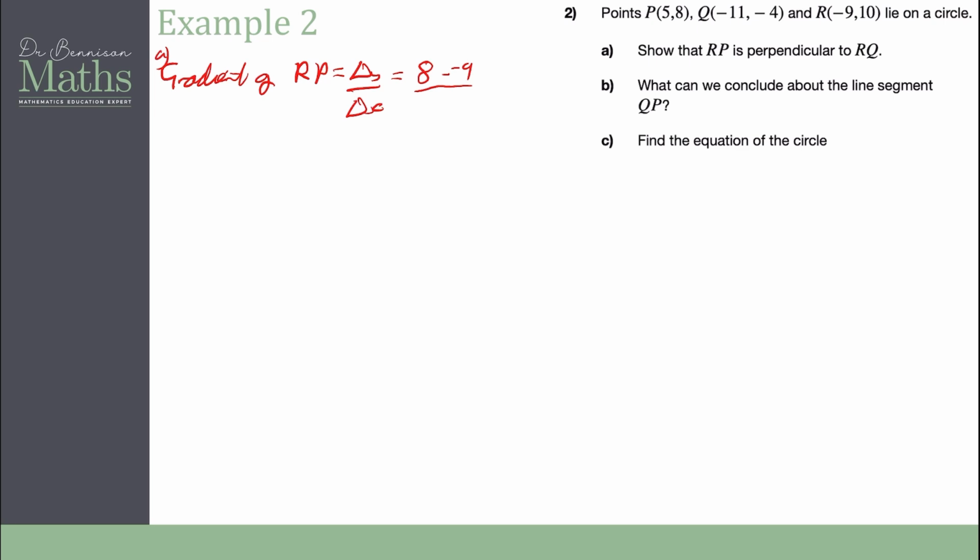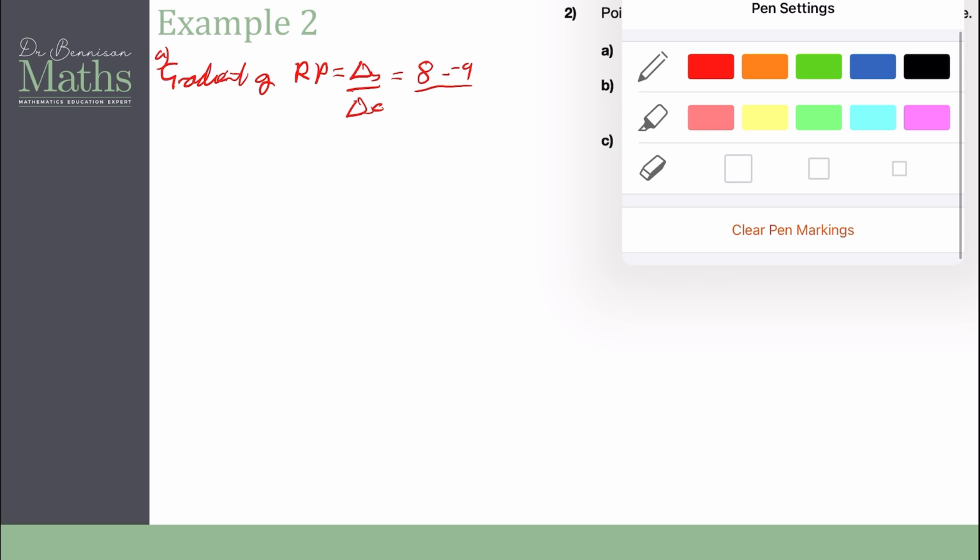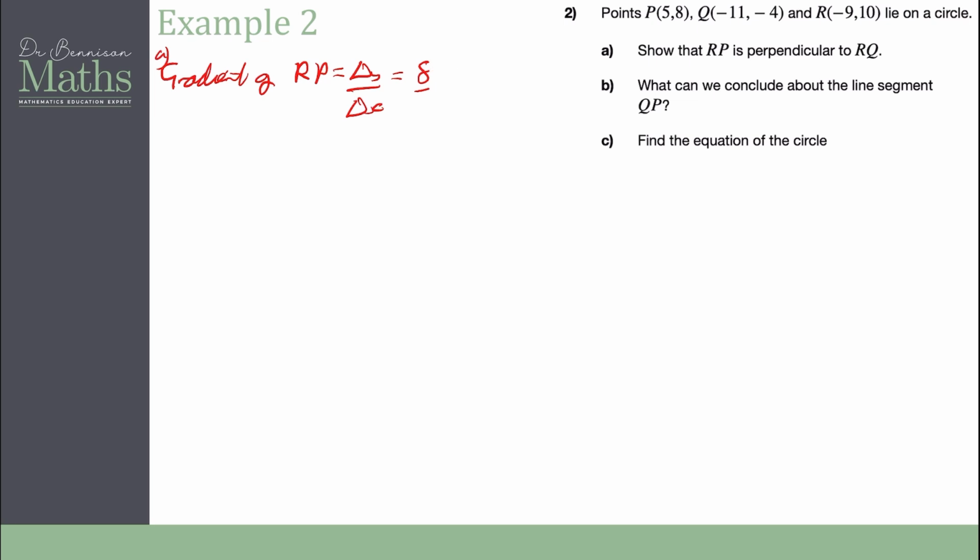Just pause there. What mistake have I made? I've made a mistake there. What is it? Perfect, yeah. So if you spot change in y, I use one y coordinate and one x coordinate. So you've got to be really careful with that.